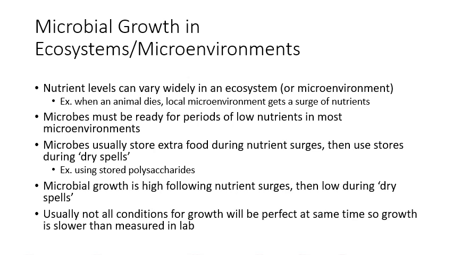So one thing that scientists have realized by studying microbes in their natural habitats is that most microbes do not grow as quickly in nature as they do in the lab. When you're culturing a microbe in the lab, you're providing its perfect realized niche conditions and the perfect nutrient levels, or just very abundant nutrients. So microbes in the lab will grow at an idealized rate.